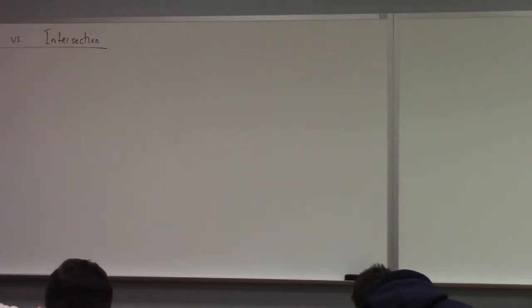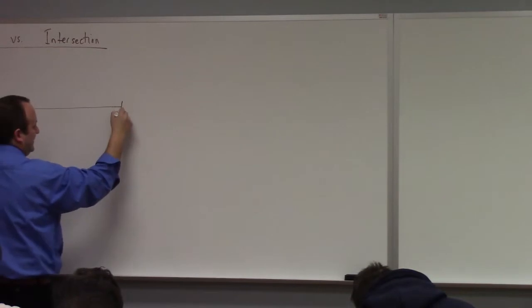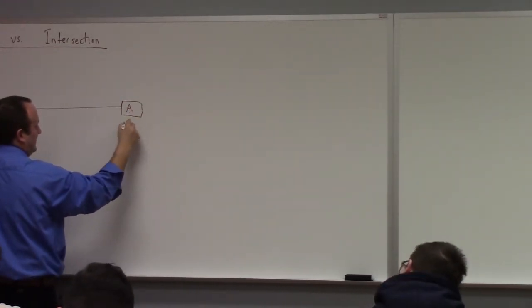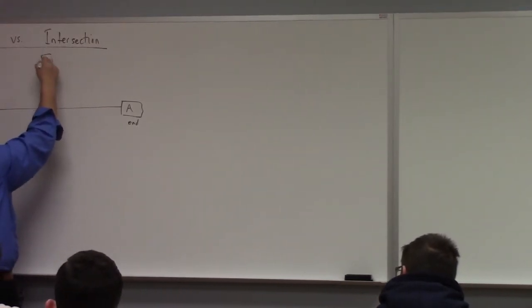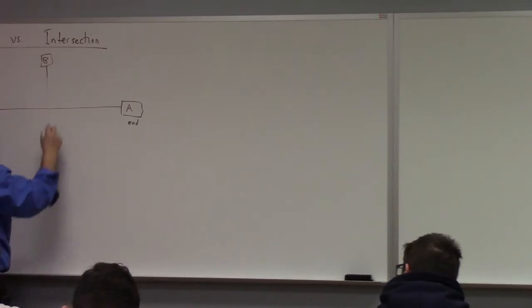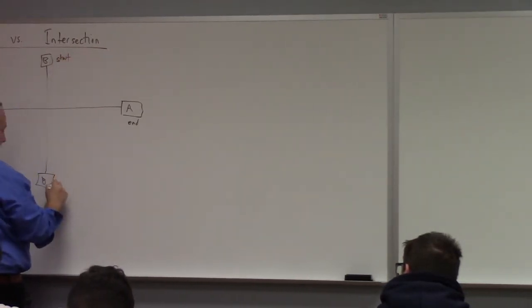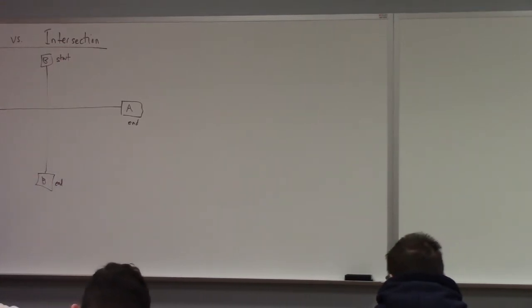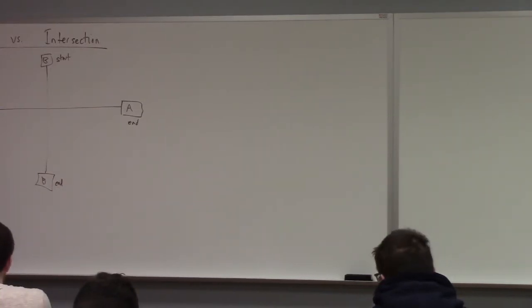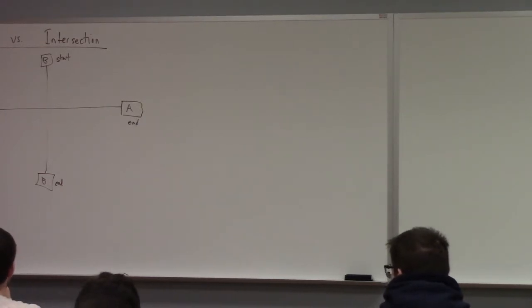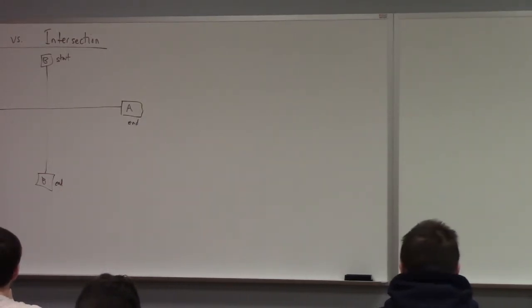I mean, you have two cars, and car A goes from here to here, start, and car B goes from here to here, start, and do they collide? I don't know. Do their paths intersect? Yes. So collision and intersection are different things.